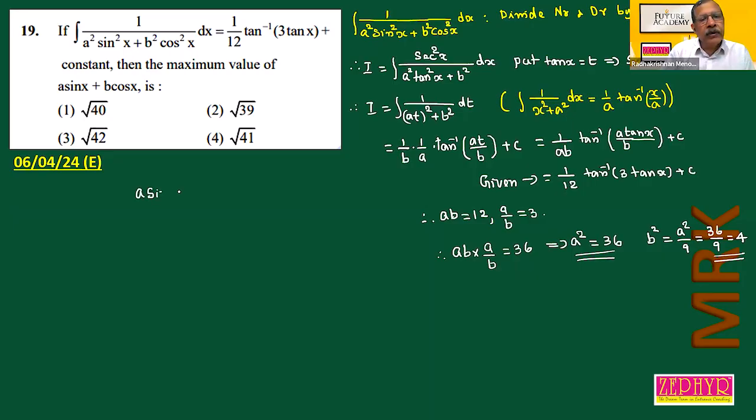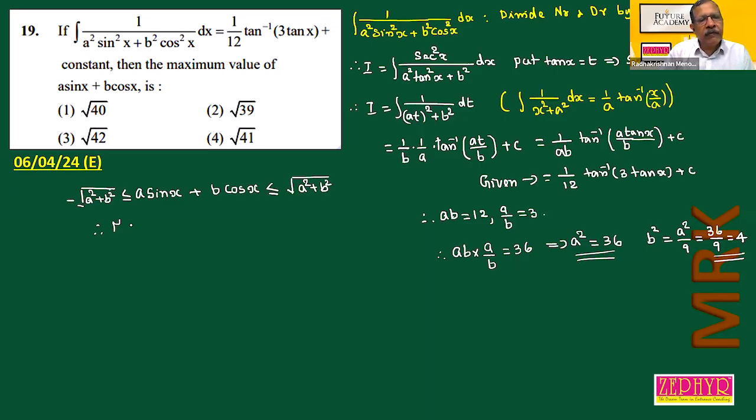Now we are coming to trigonometry, or otherwise maxima minima. Maximum value is root of A square plus B square, and minimum value is minus root A square plus B square. So you need not try to find out A and B, only A square plus B square you require.